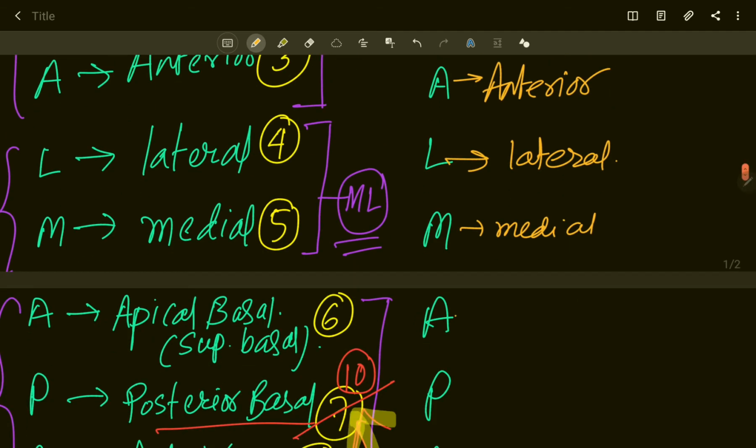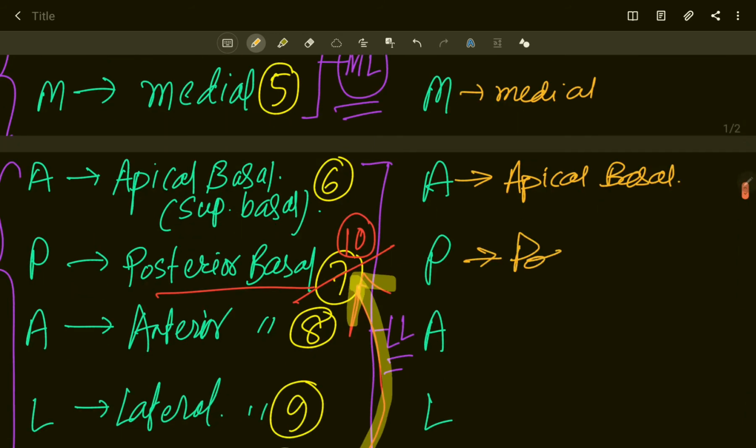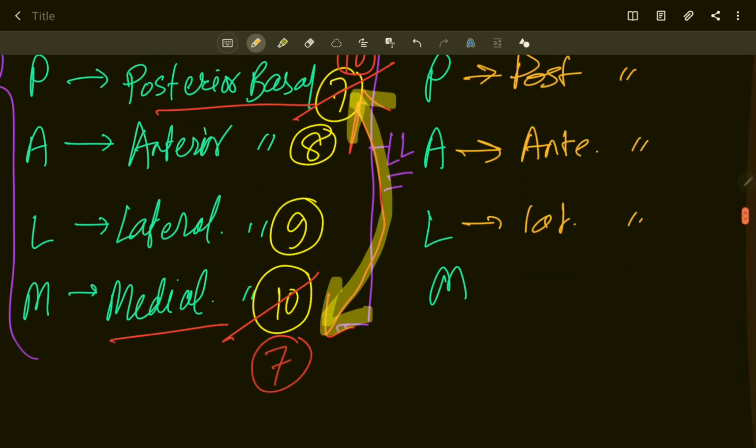Just write these first, and then there is also apical basal, posterior basal, anterior basal, lateral basal, medial basal.